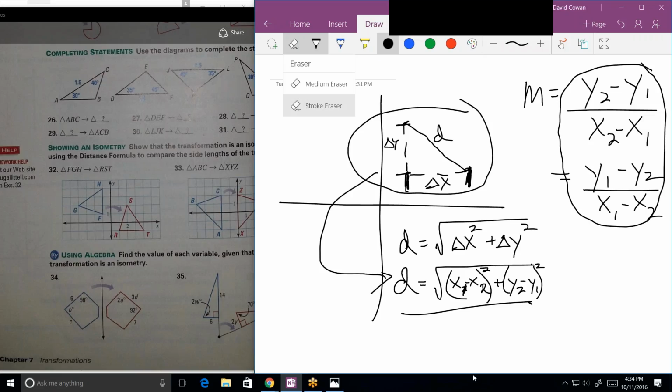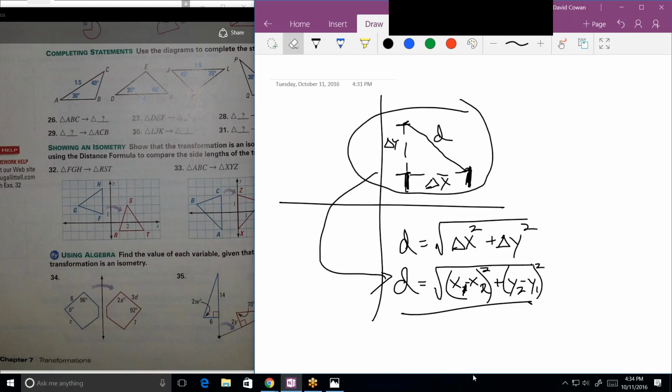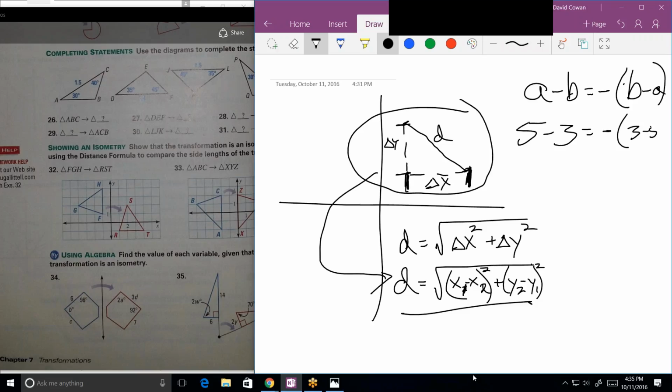And more importantly, this is probably the key piece of math to really know, and that is that a minus b is always the negative of b minus a. Think of it: 5 minus 3 should be the negative of 3 minus 5, and it is. They're both 2.